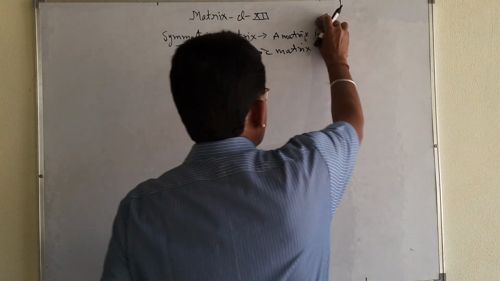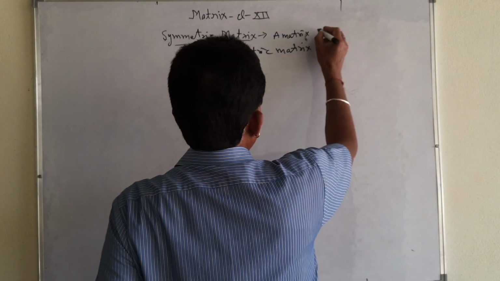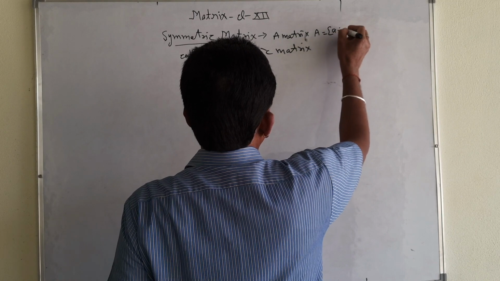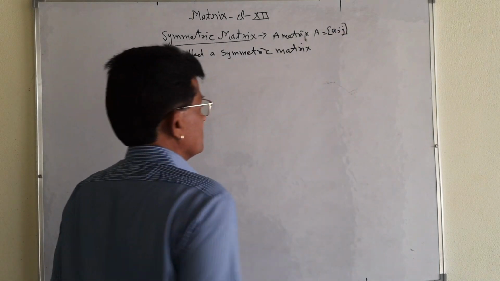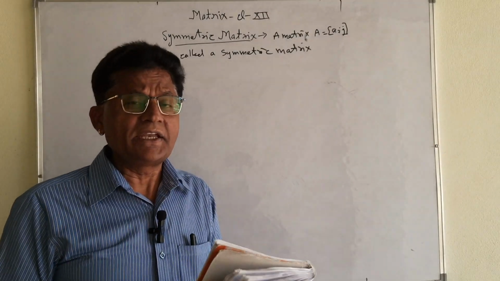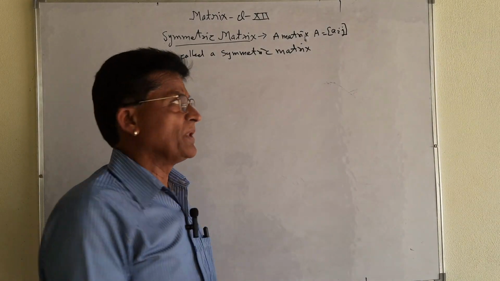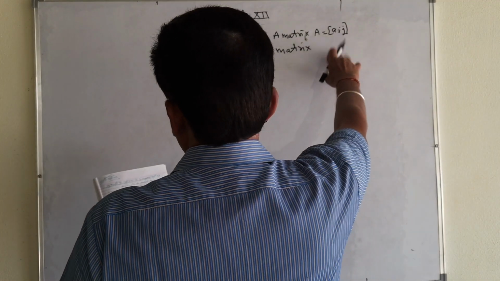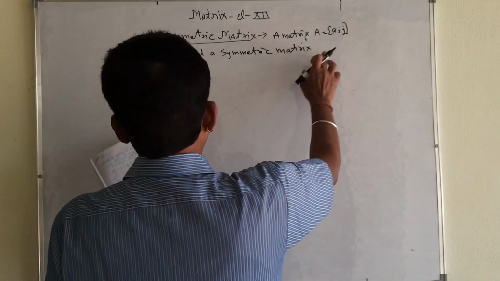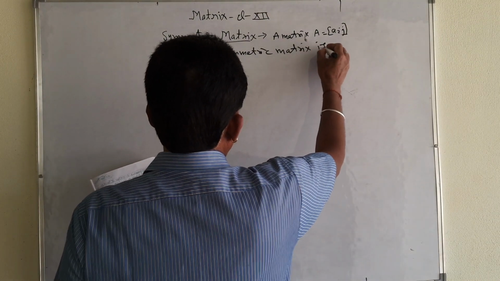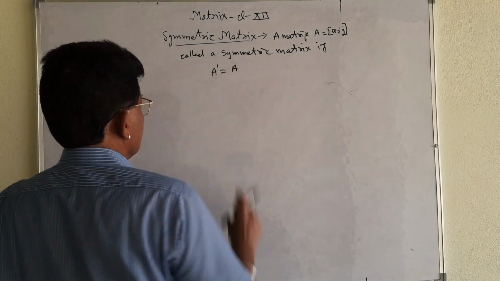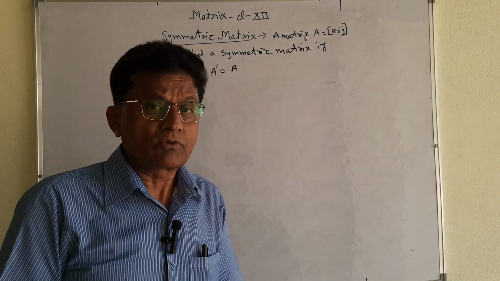Let me denote it by A. It will be Aij, i row, j column. This will be the matrix. Any kind of matrix you can form by using this standard form of condition. It is called a symmetric matrix if the transpose of A is equal to A.